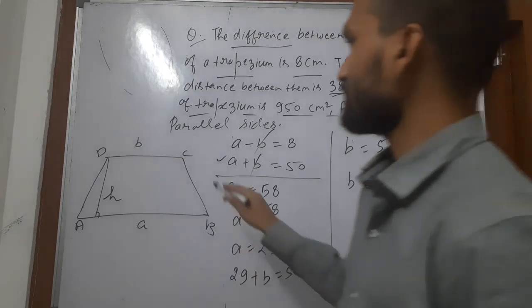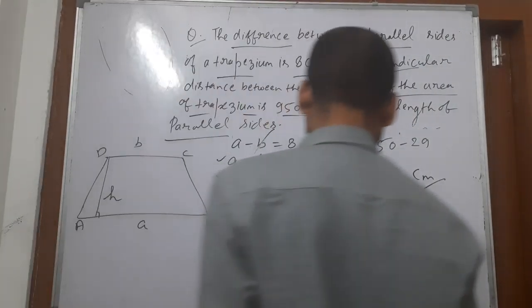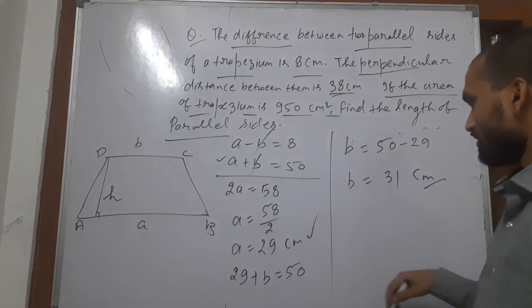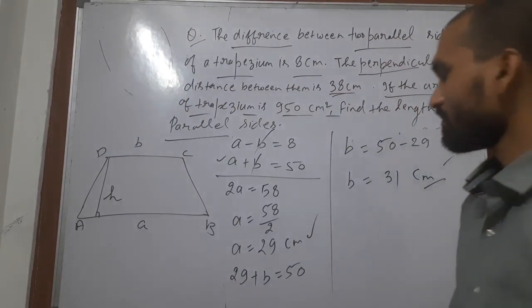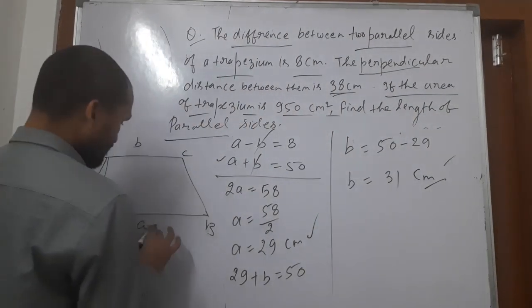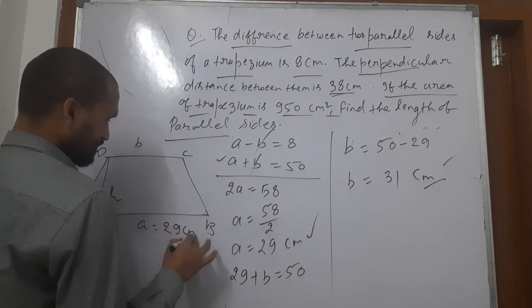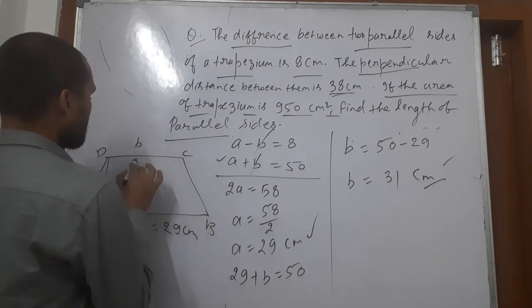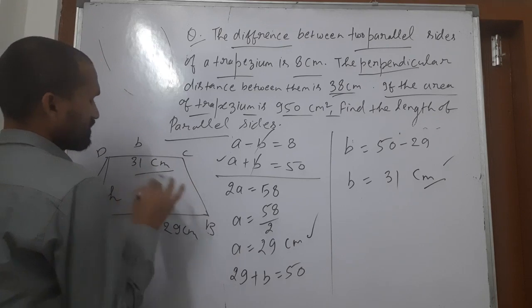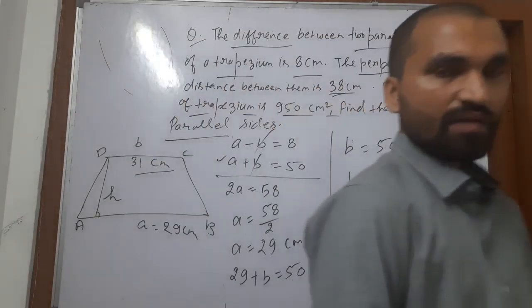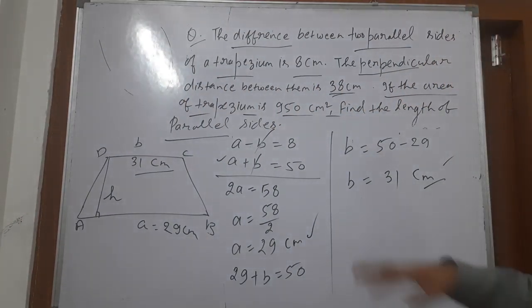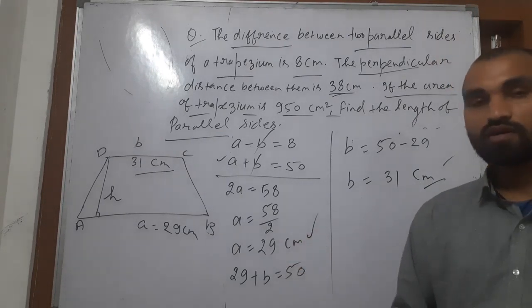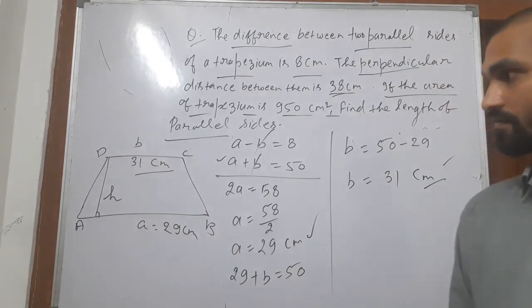Length of parallel sides: as we have taken a and b as parallel sides, a is 29 centimeter and b is 21 centimeters. These are the parallel sides of trapezium. Hence we have solved this question. Okay.